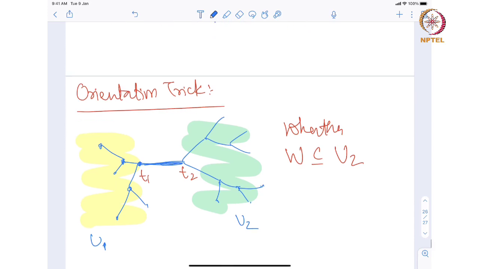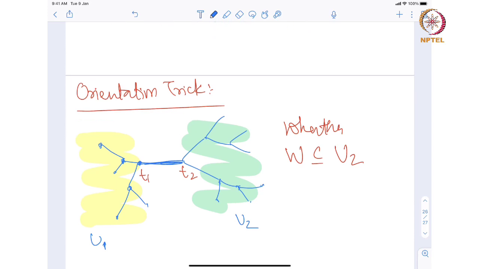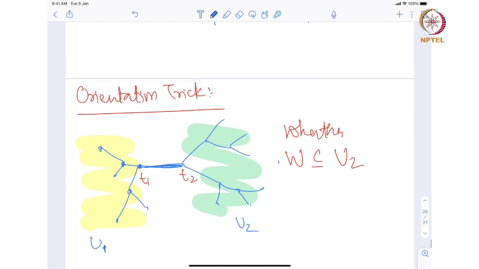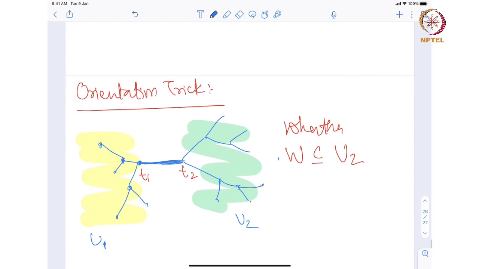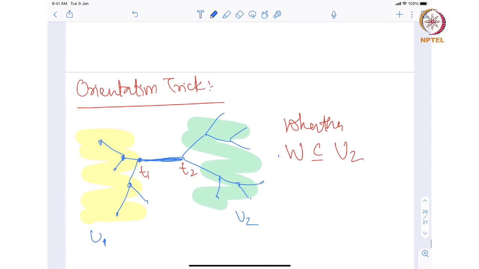So I ask myself whether W is completely contained inside U2. Because look, it is not possible that some vertex of W is here and some vertex of W is there, and that guy does not occur in T1, T2. This cannot happen, because otherwise we would have found the separation and we are done.